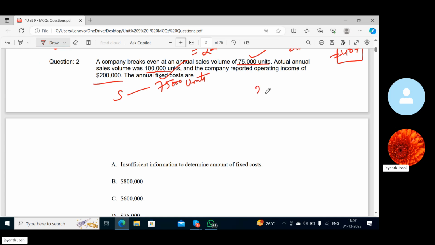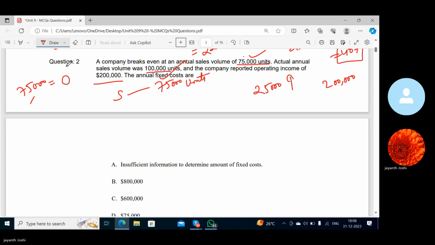That means for an extra 25,000 units sold, there is 200,000 of operating income, correct? The company breaks even at an annual sales volume of this. What do you mean by this? If you make 75,000 units, your income will be exactly zero.